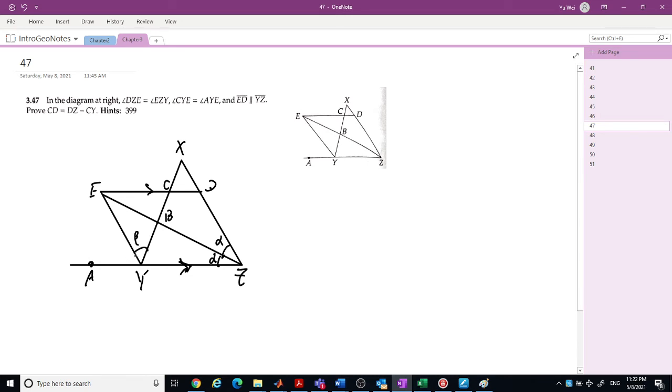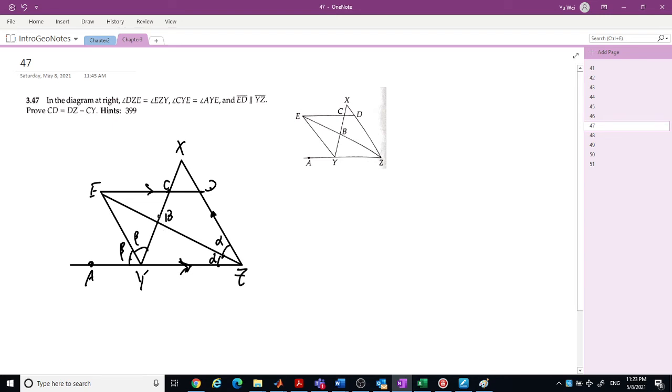This is beta, and this is beta. So basically they are two angle bisectors. Then we want to prove CD equals DZ minus CY.